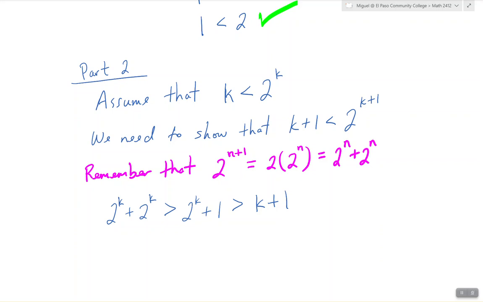We know this by assumption, because our assumption says 2 to the k is bigger than k, right?